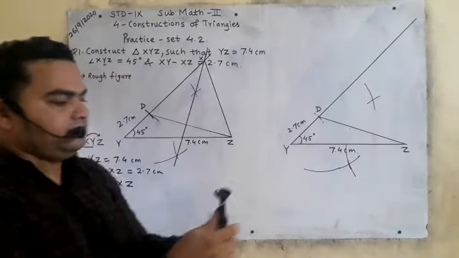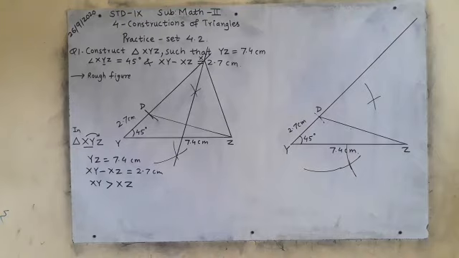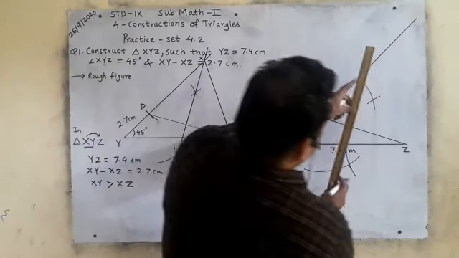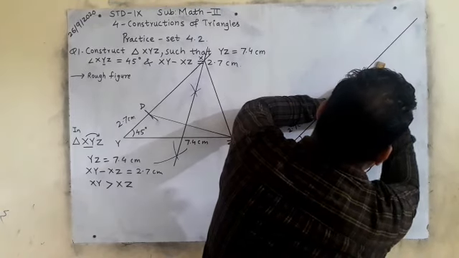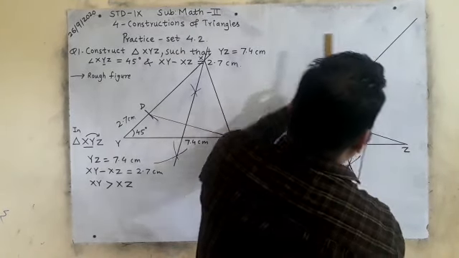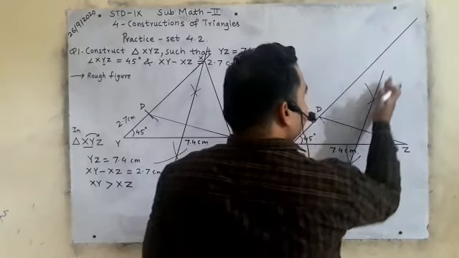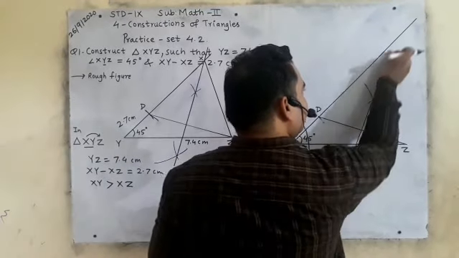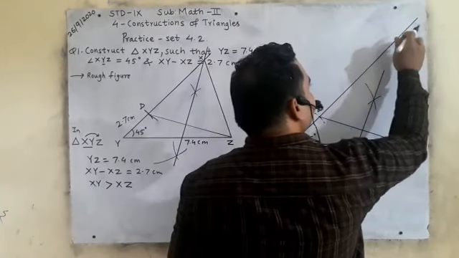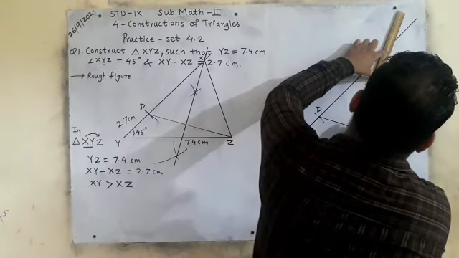Okay. Now with the help of the scale you will join these two arcs. Increase this. Wherever this perpendicular will intersect this ray, wherever it intersects, that is your main point.